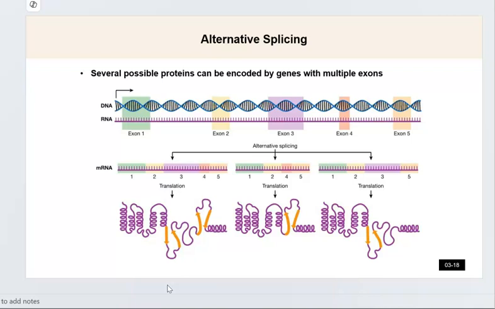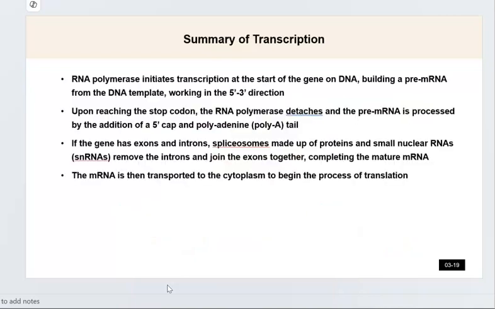Then we have the summary of transcription. The RNA polymerase initiates transcription at the start of the gene on the DNA, building a pre-mRNA from the template working in the 5' to 3' direction. Upon reaching the stop code, the RNA polymerase detaches and the pre-mRNA is processed by the addition of a 5' cap and a poly A tail.